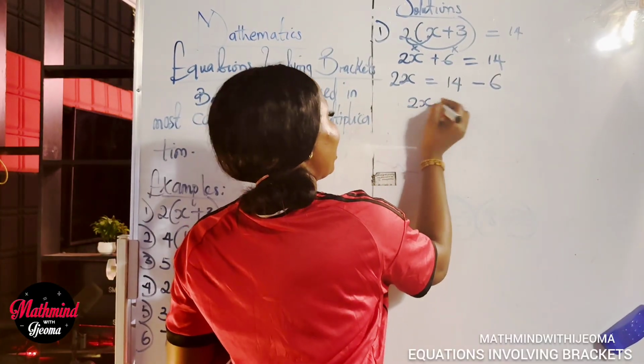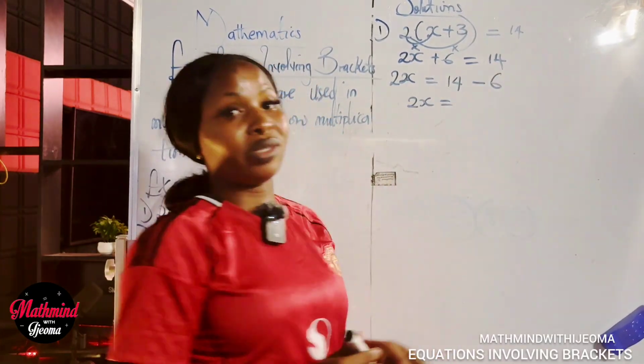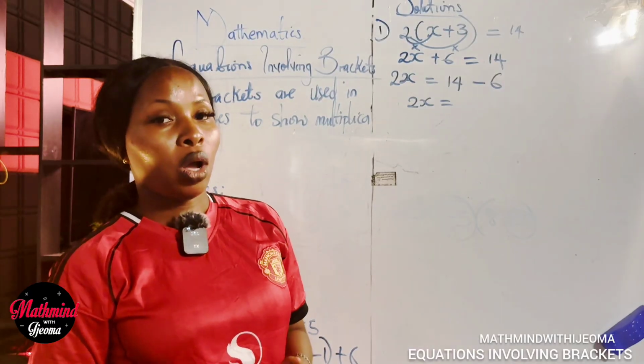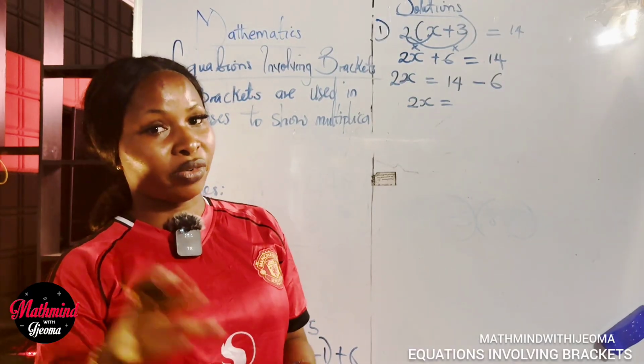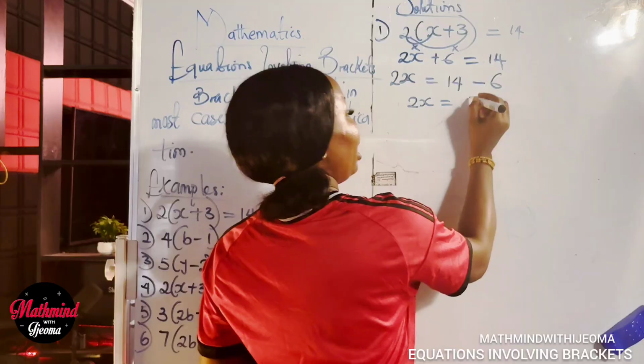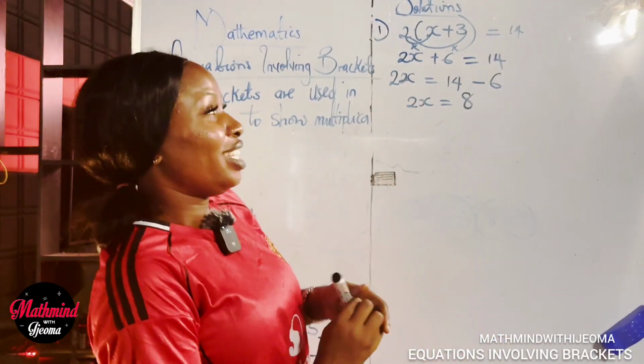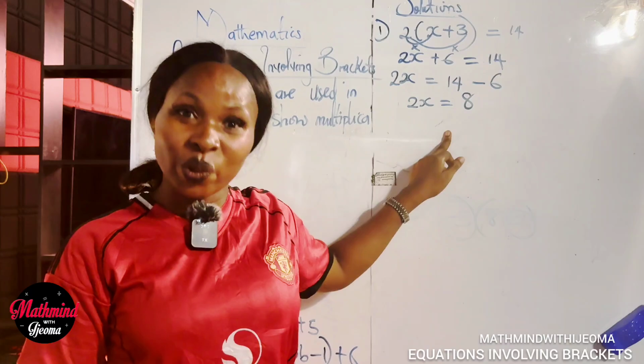So 2x is equal to 14 minus 6. 14 minus 4 will give us 10. 10 minus the remaining 2 will give us what? 8.